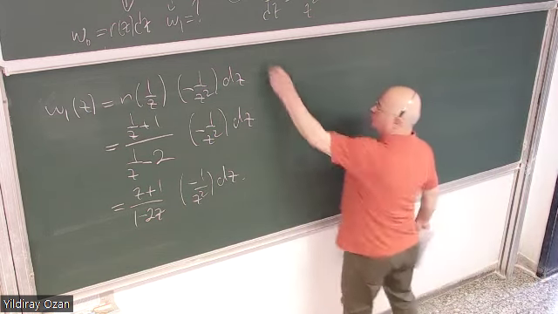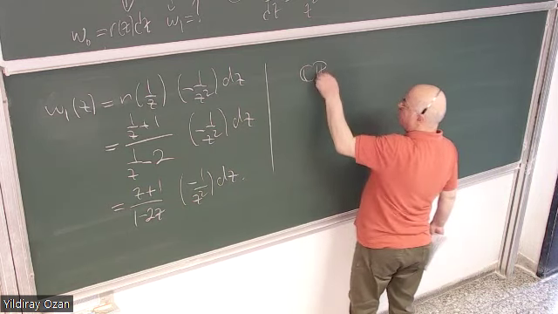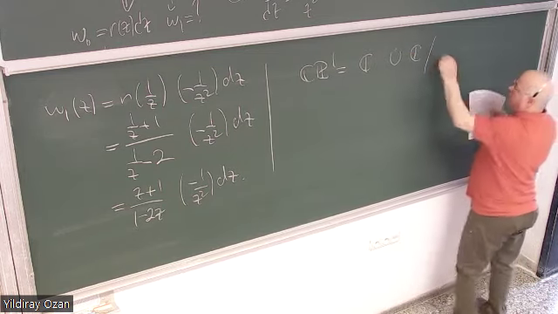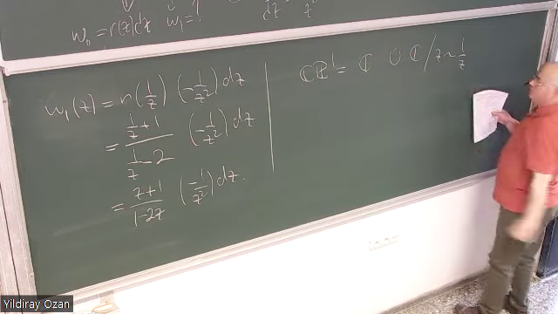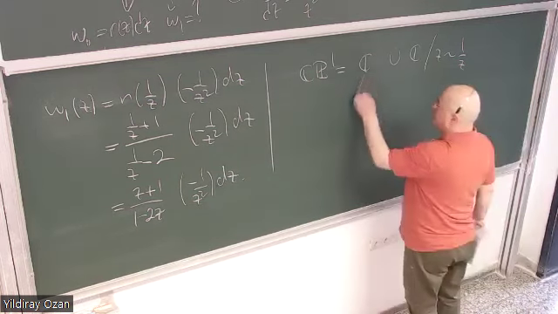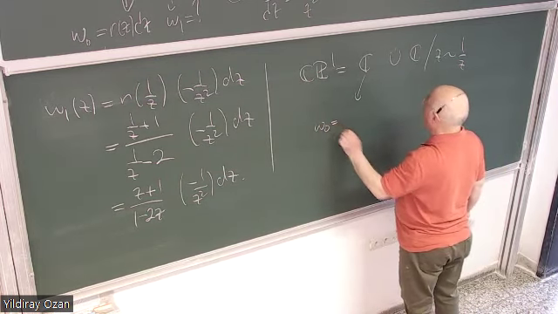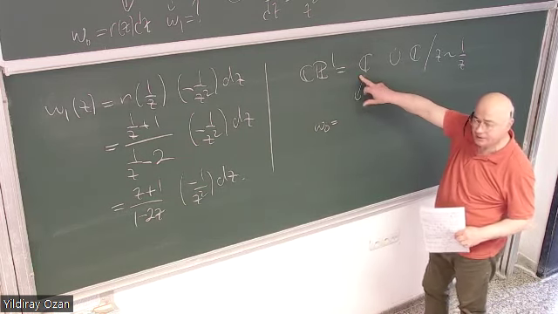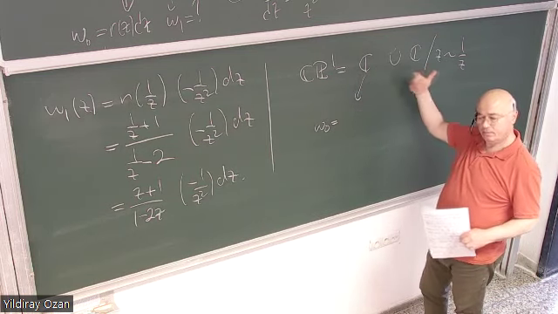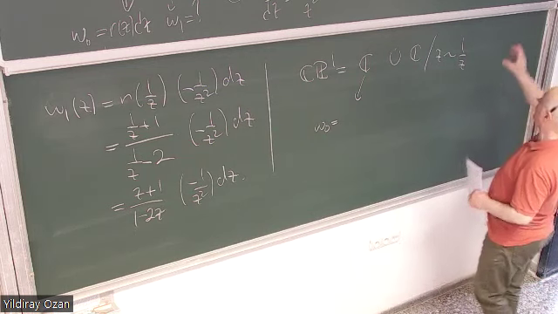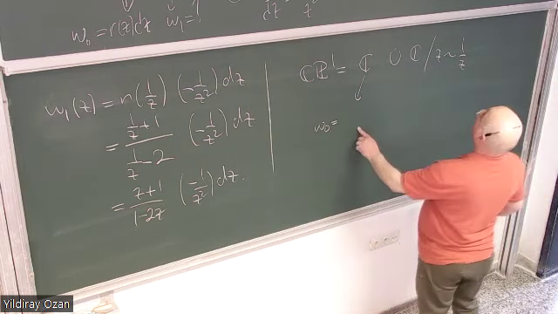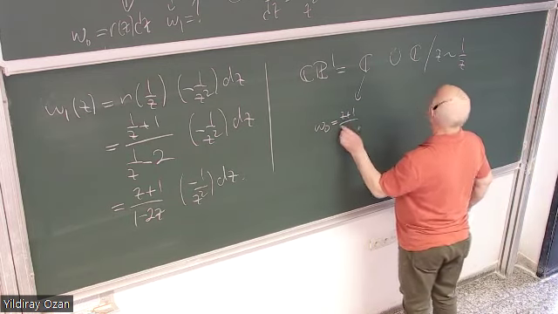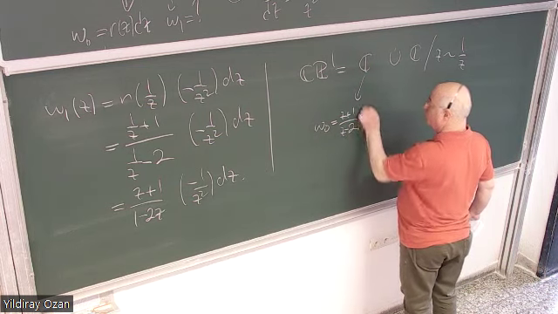So what we did is this. On CP1, I have C and then C here. I identify Z with 1 over Z. Here is my differential form. I use the same letter Z here, but this Z goes to the other part by the transformation 1 over Z. On this part, it is just Z plus 1 over Z minus 2 dz.